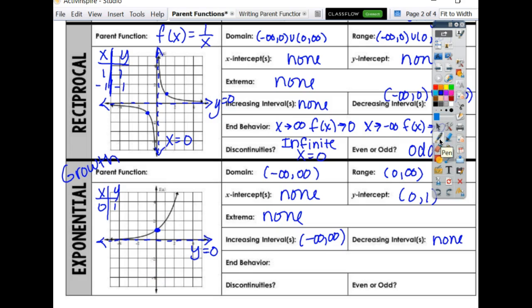So, end behavior, Steve. As x approaches negative infinity, f of x approaches 0. Yep. You're right. 0. Very good.